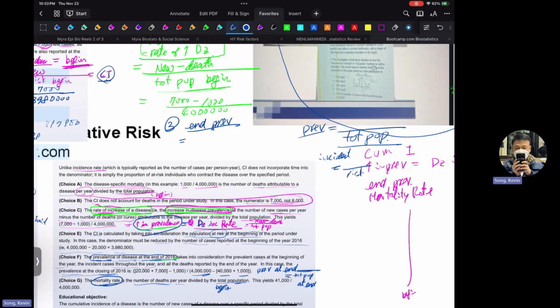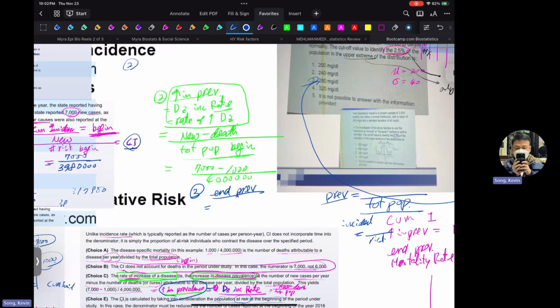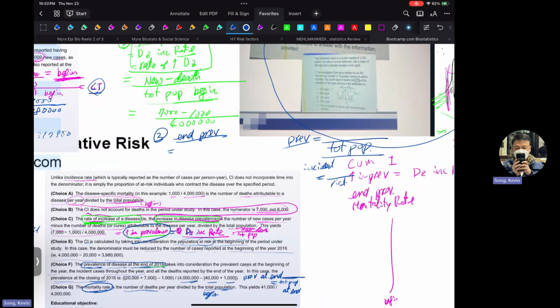So here, what is the total population at the end? The total population at the end is 4 million, right? 40,000 people died of something else, and 1,000 people died of this disease.